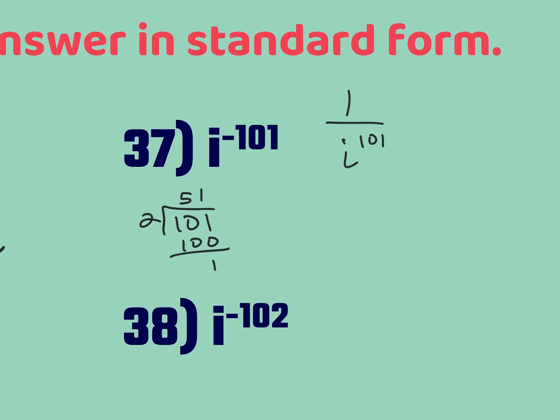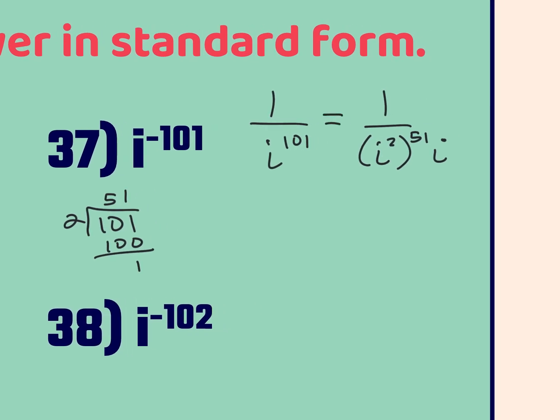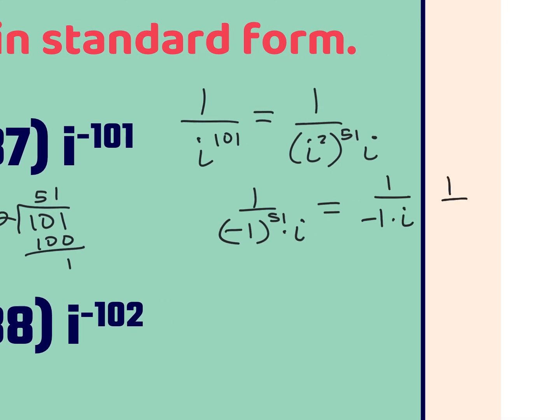So this is going to simplify into 1 over i squared raised to the 51st power with 1 i left over. i squared is -1. It's raised to an odd power. So that's going to be -1 times i. And then 1 over -i.